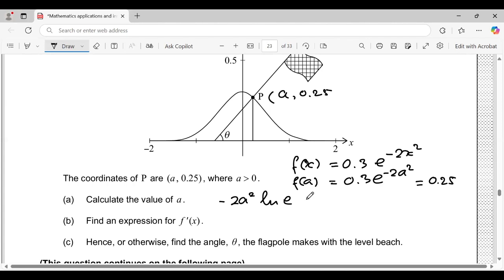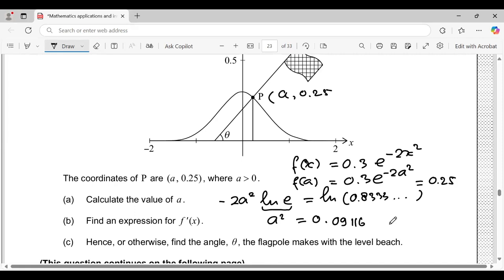Taking ln of both sides, minus 2a squared equals ln of 0.25 divided by 0.3, which is 0.8333. Then I will divide by minus 2, and it equals 0.09116.